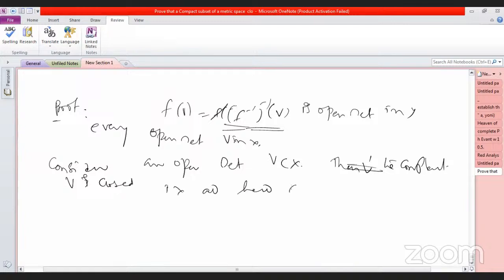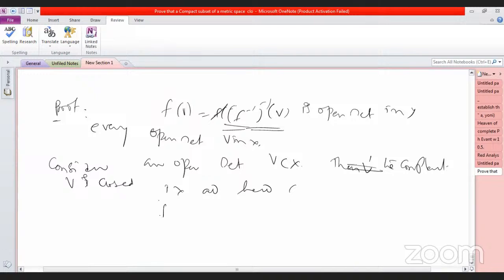So the complement of V is closed in X and hence compact.